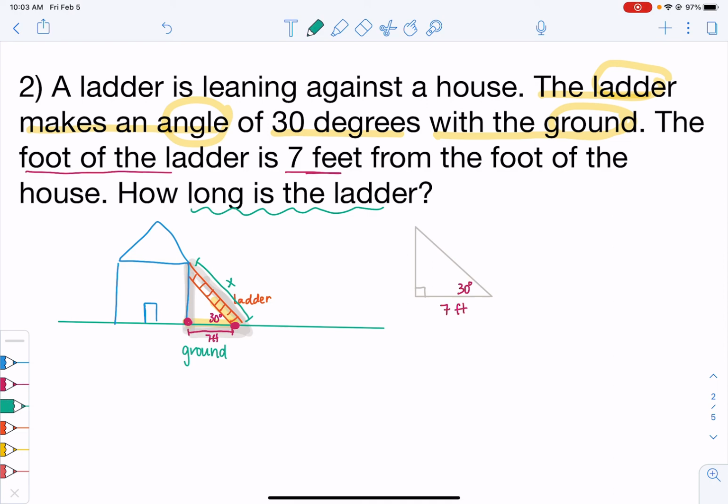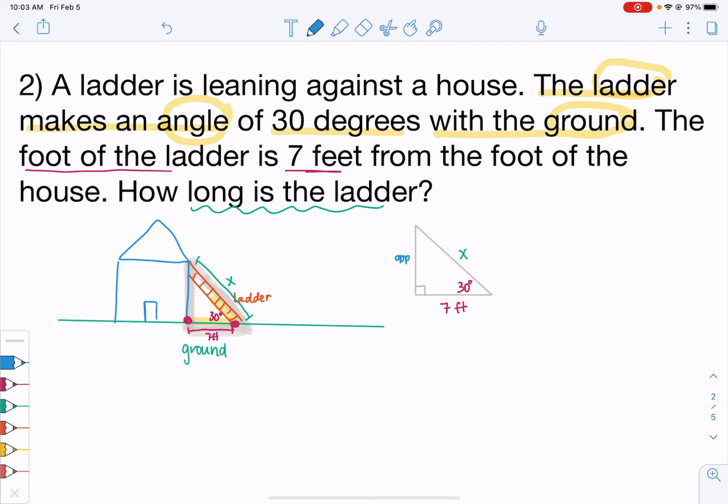And we know we want to find x. So now we have our usual trig equation. Let's label opposite, adjacent, hypotenuse. We know the hypotenuse and the adjacent.